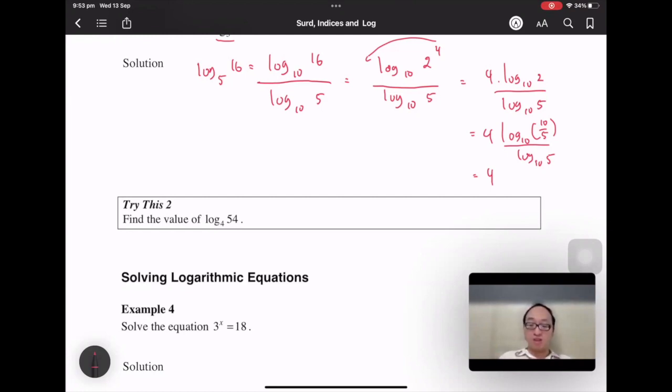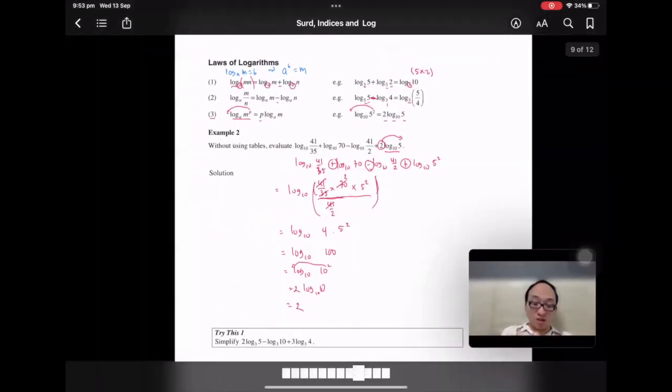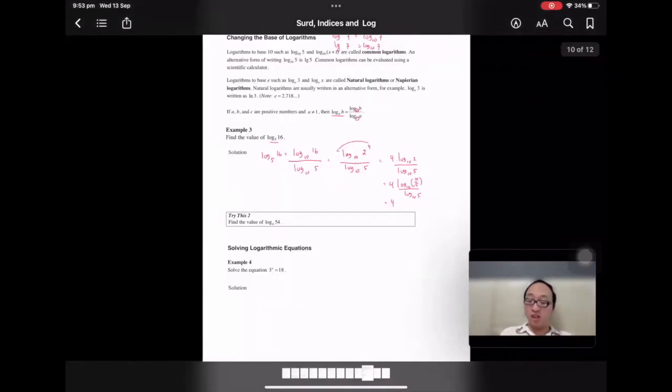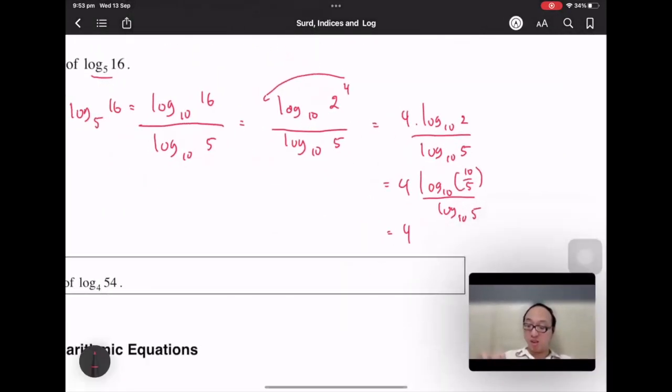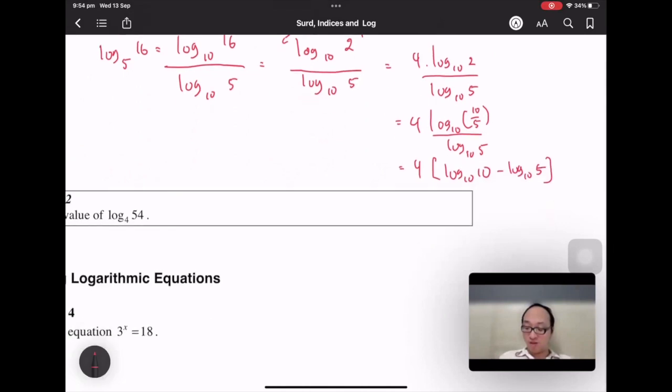So using the rule number 2, division, we can make it into negative. So it's log 10 of 10 minus log 10 of 5, over log 10 of 5.